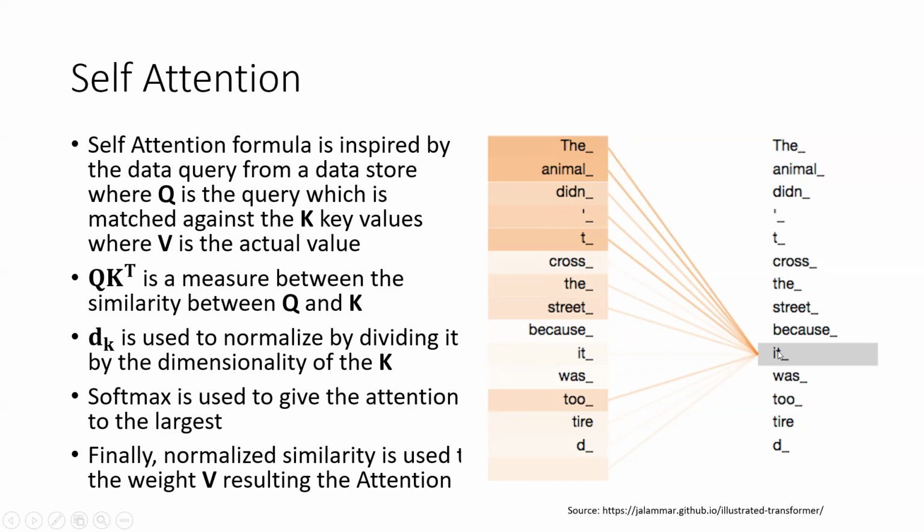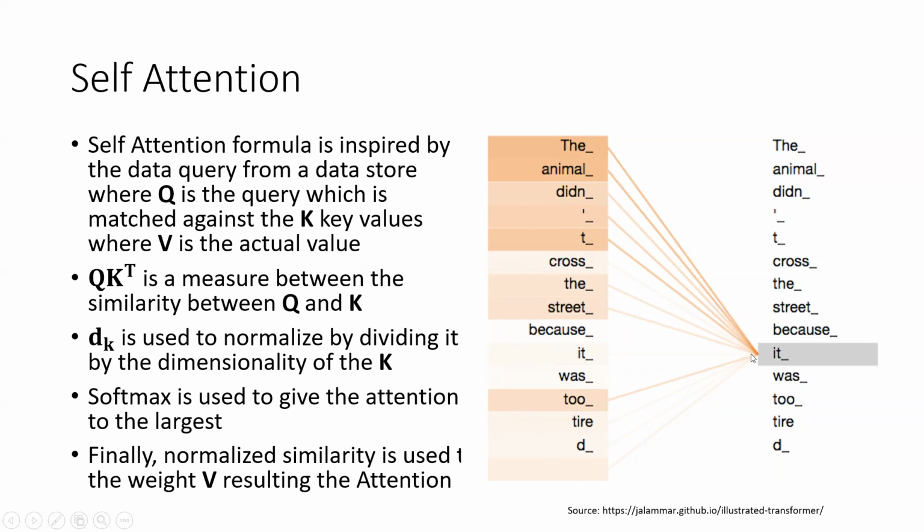For example, we take the it token, because it was too tired. We do the same thing for all the tokens, but take the it token. We are comparing the it token with all the other tokens in the context, which are all the other tokens in this sentence. So it is finding which value is most relevant to this token. When it comes to it, what does it mean by it?